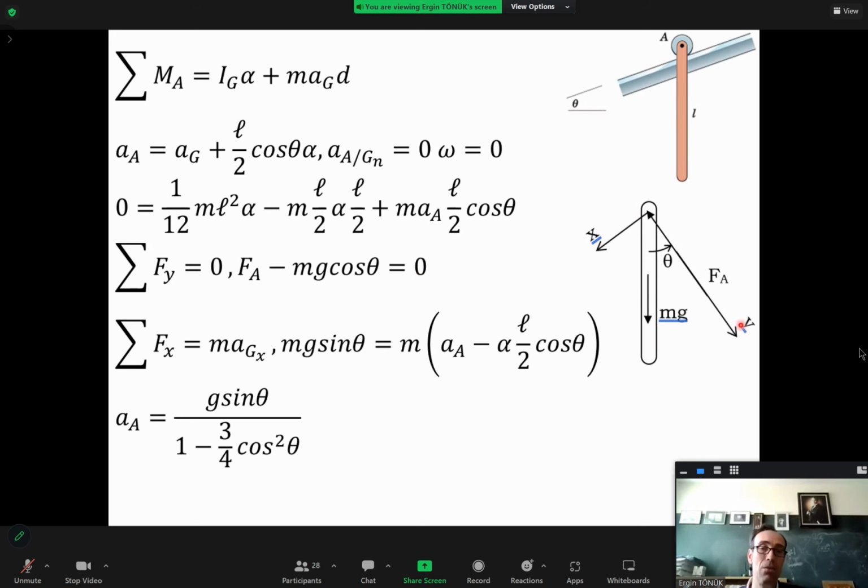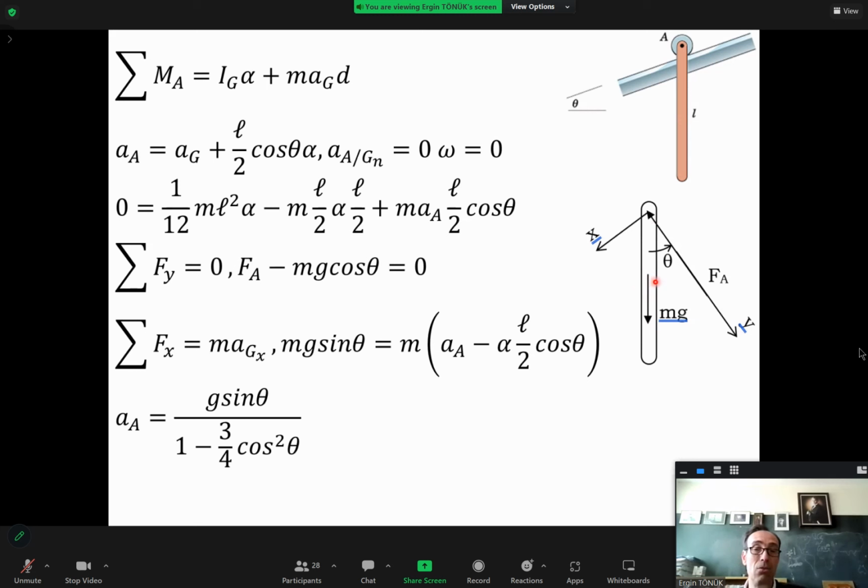You might as well use xy coordinates where x is horizontal, y is vertical, but that would not simplify the equations, okay? What I'm going to have is a reaction force Fa, which is in the negative y direction due to contact here. I have a weight mg acting at the mass center.